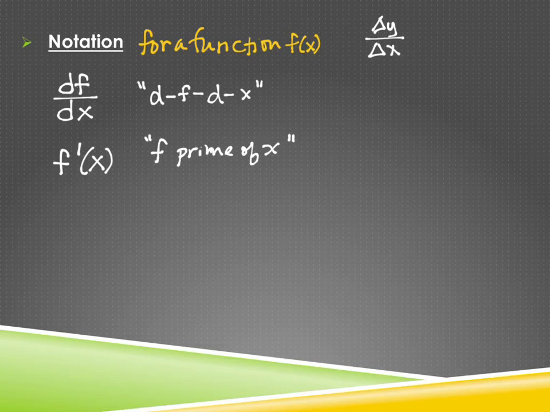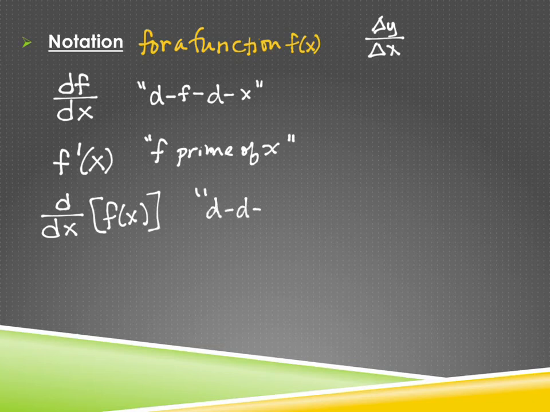The last one, my least favorite, but when it comes up, I just need to make sure you know what it is asking you. It looks like this, and we read it like this. We say d dx of f of x.